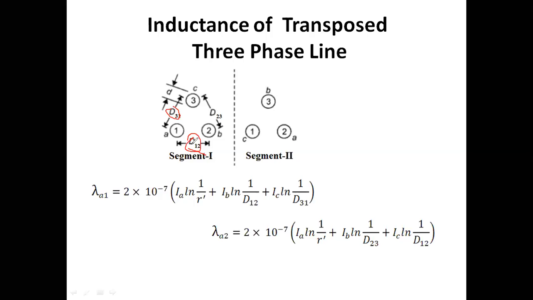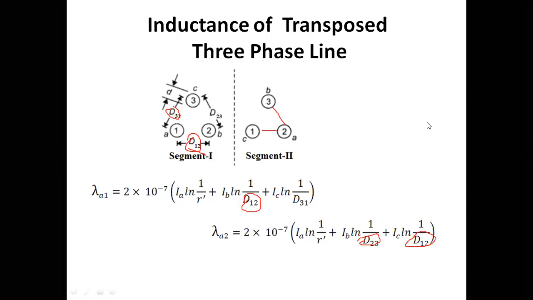Initially this distance was D12 for segment 1, but now A and B are placed at 2 and 3, that is D23. So we use D23, and for IC the distance is D12, that is IC into ln 1 by D12.